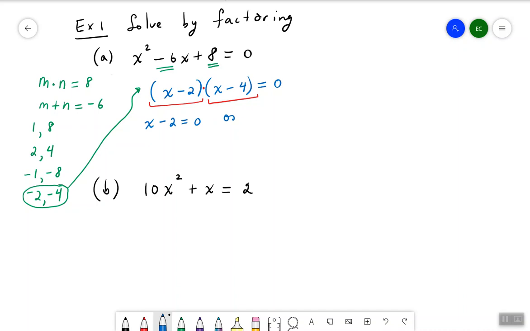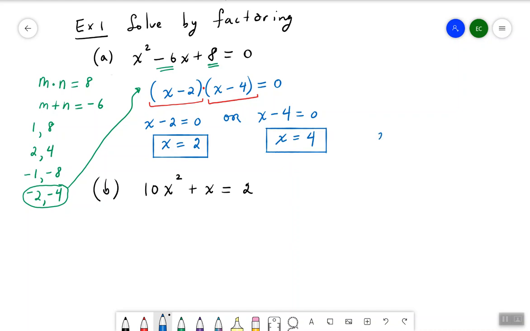So we can just take each factor and set it equal to 0. When we have x minus 2 equals 0, we solve for x by adding 2 to both sides, and we get the first solution, x equals 2. Then for x minus 4 equals 0, we can add 4 to both sides and get x equals 4.